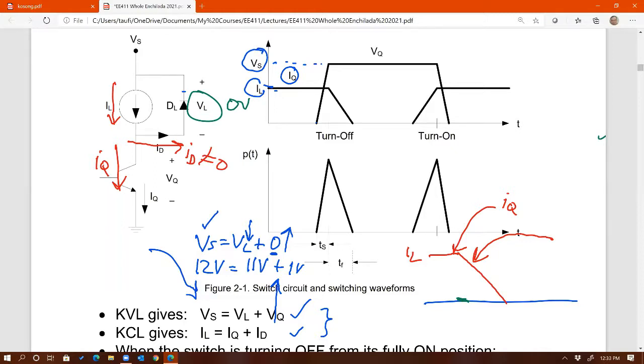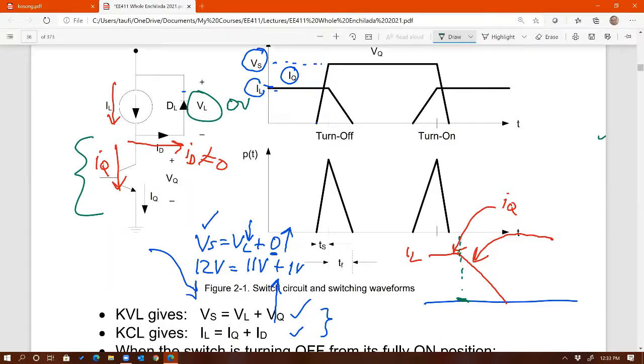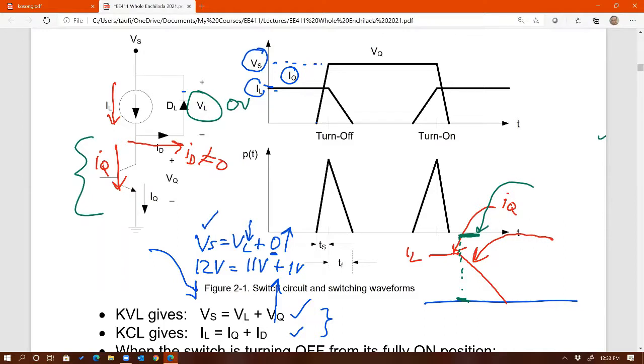Therefore VQ must be what? By KVL, Vs. So if I draw voltage across the switch, it would be Vs right there.